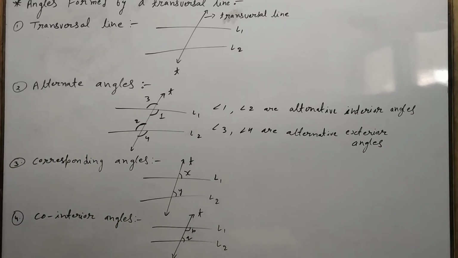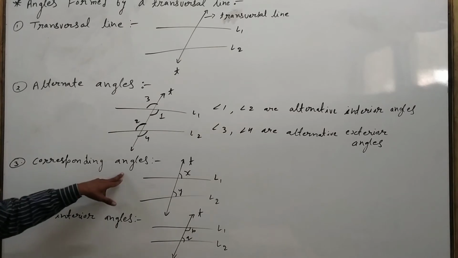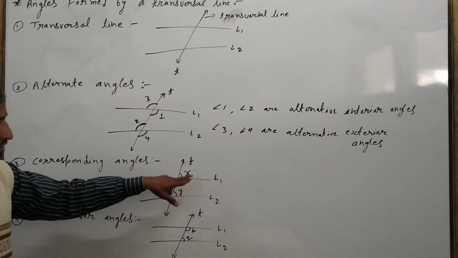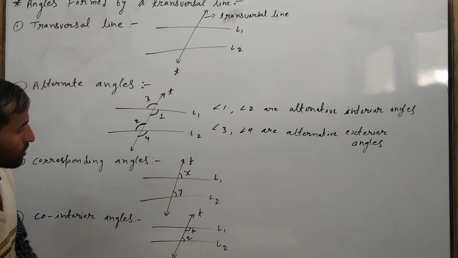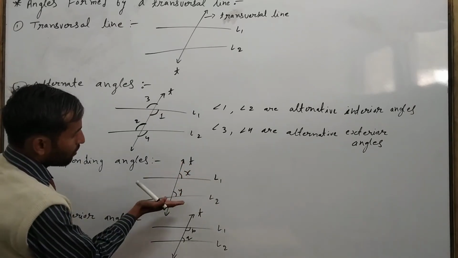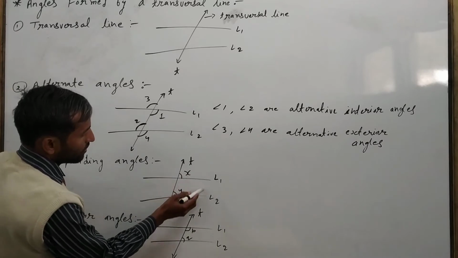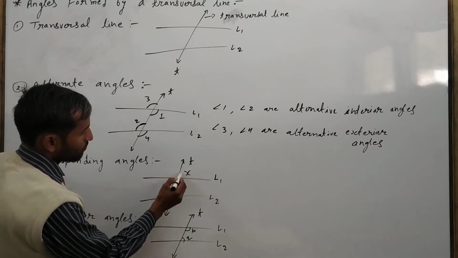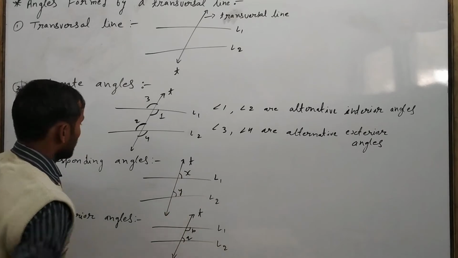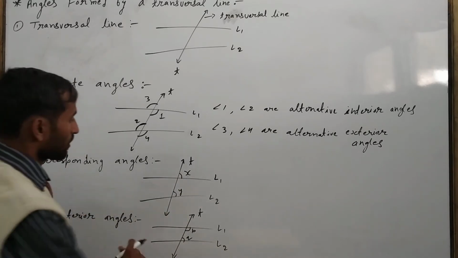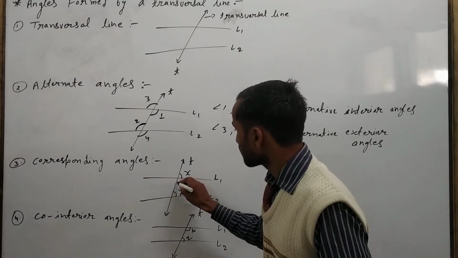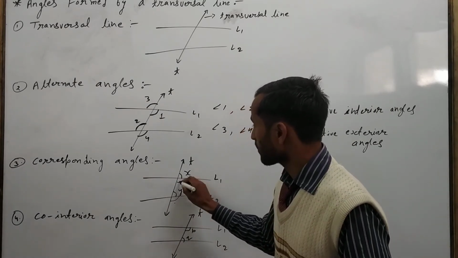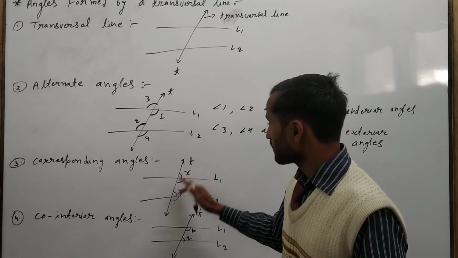After that, the next pair of angles is corresponding angles. So here L1 and L2 and one transversal line T are there. So the angle above this line and the angle at the same position on the other line, on the same side of the transversal, are called corresponding angles. Or another type also, this side and this side, this one also is called corresponding angle.